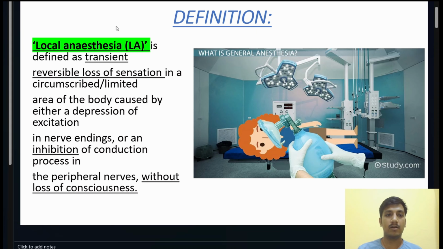Moving on to the definition of local anesthesia, by the term it is clear that local means a specific part of the body and anesthesia means the loss of sensation.